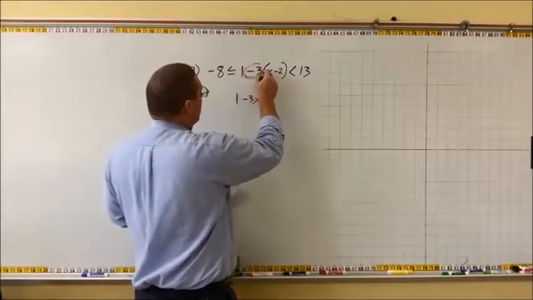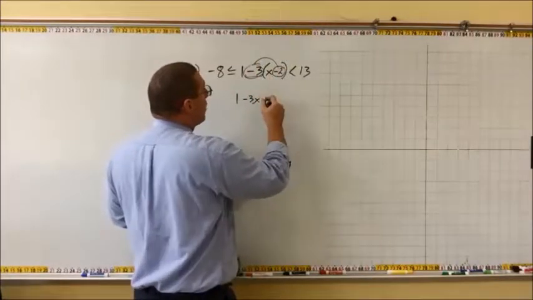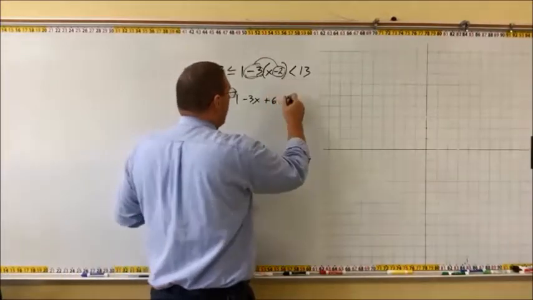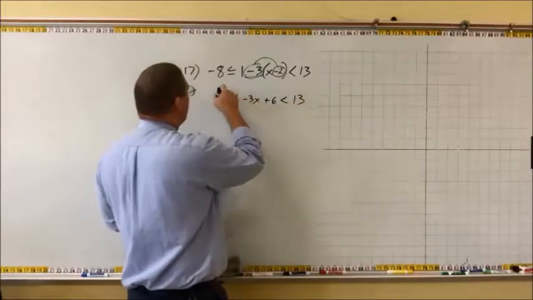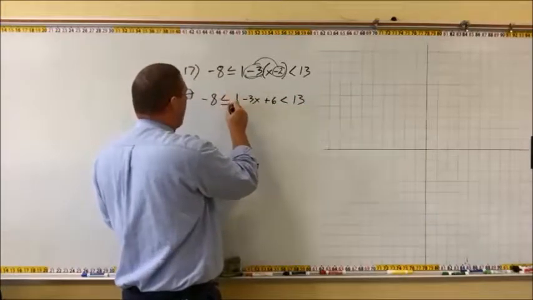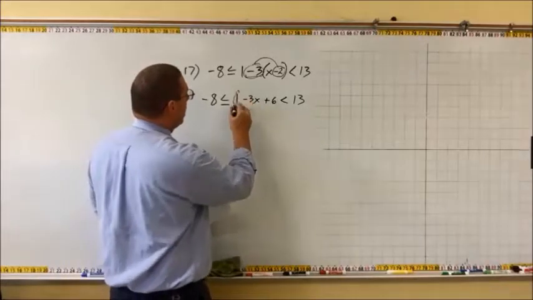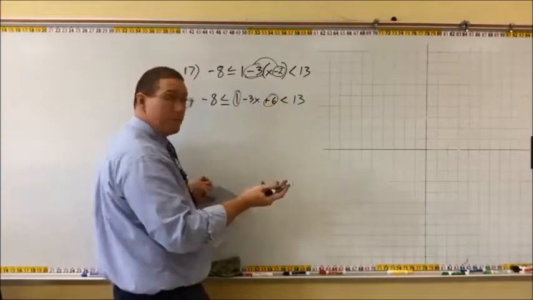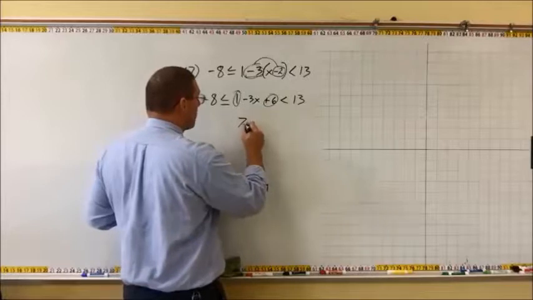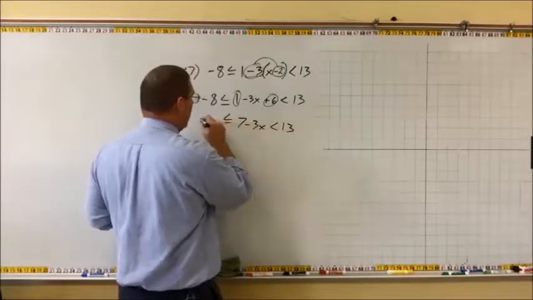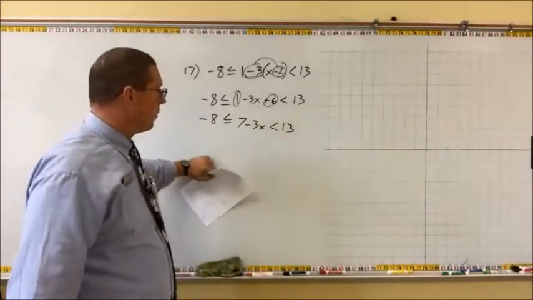Negative 3 times negative 2 is positive 6. Less than 13. Over here, we got a negative 8 is less than or equal to. Now look at this. We've got a 1 plus 6. That's 7, right? So really, we have 7 minus 3x less than 13, negative 8 less than or equal to.